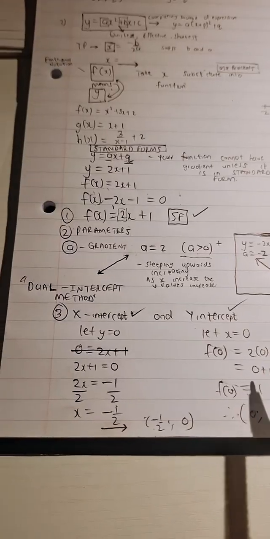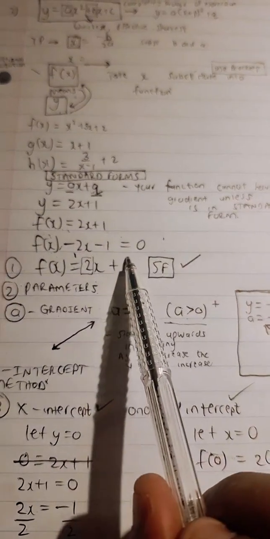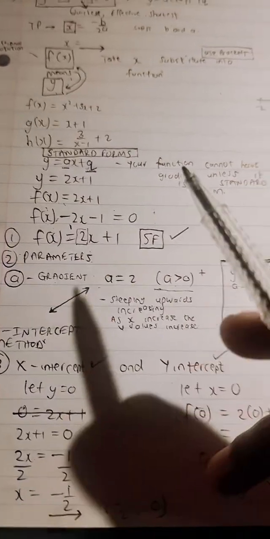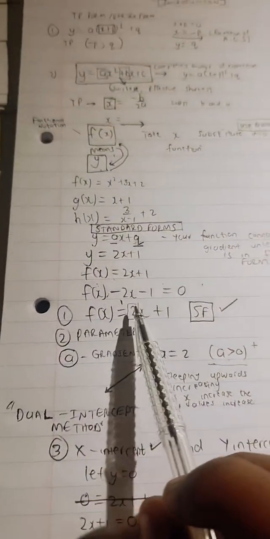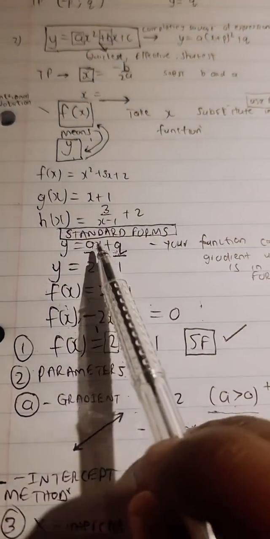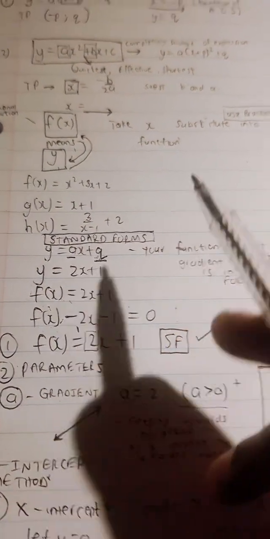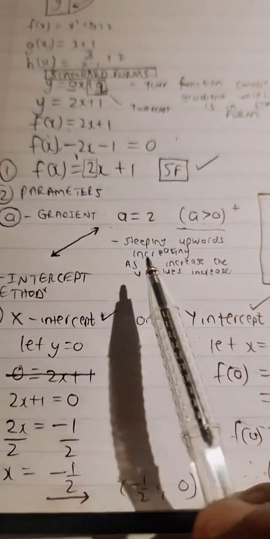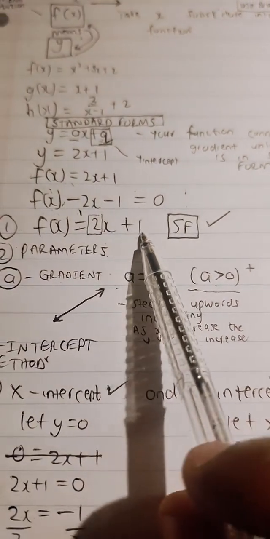Something else you should note, guys, is this constant, which I wanted to emphasize as well. In as much as a is the gradient, your q value here is what we call the y-intercept. It is the value of the y-intercept. So look at q here. Isn't it positive 1? Yes, it is.